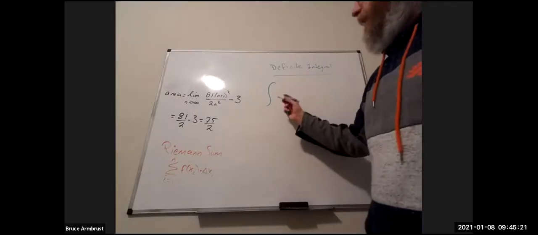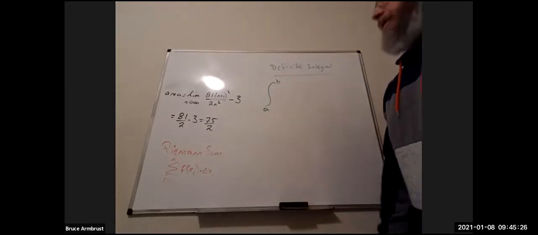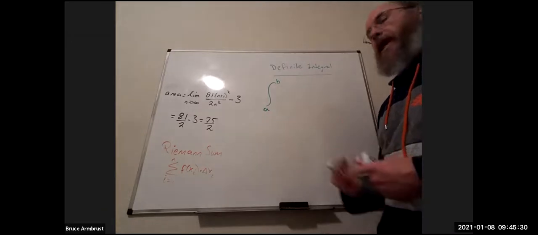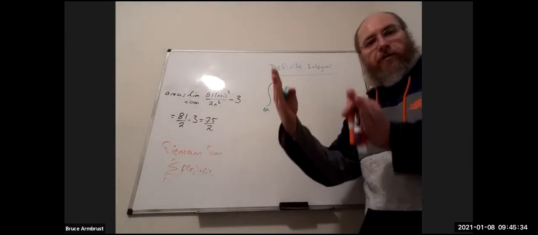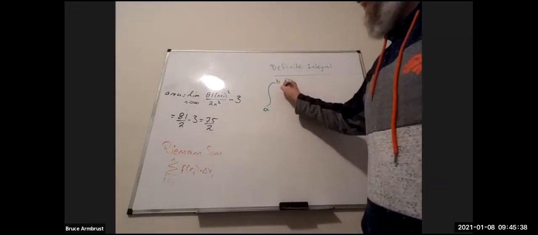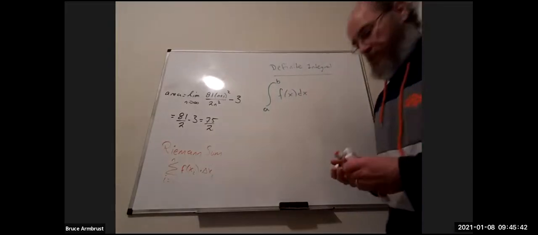But when we make it a definite integral, we actually put numbers on here. We call them bounds of integration, but we're going to put an a and a b. These a and b, those were the interval chunks. All right, and then we're going to have in here f of x dx.